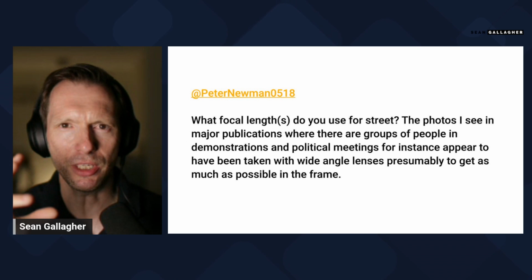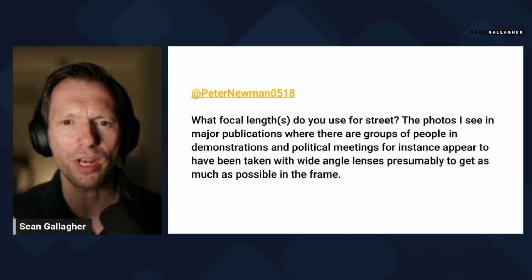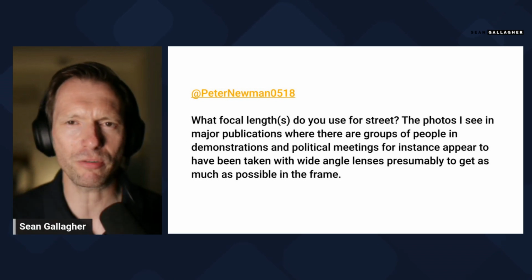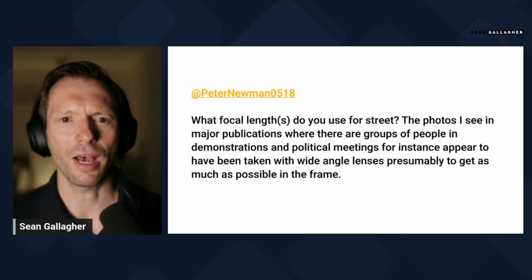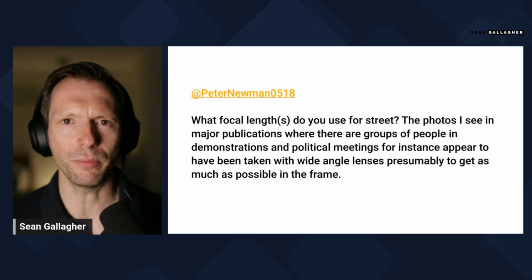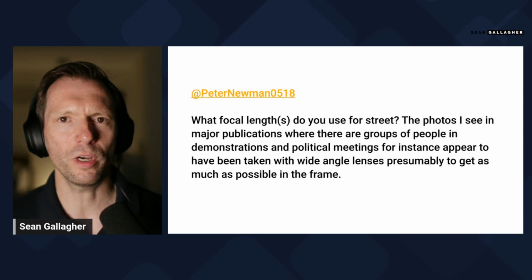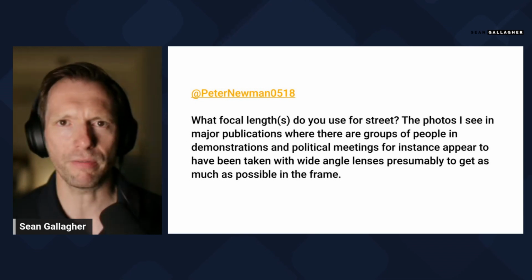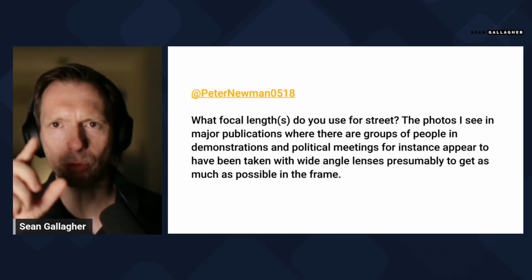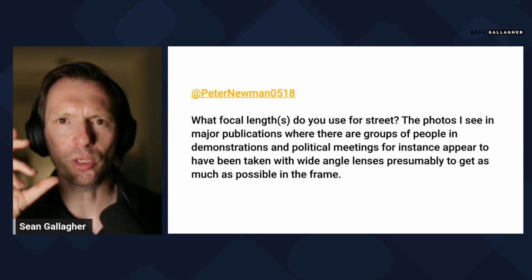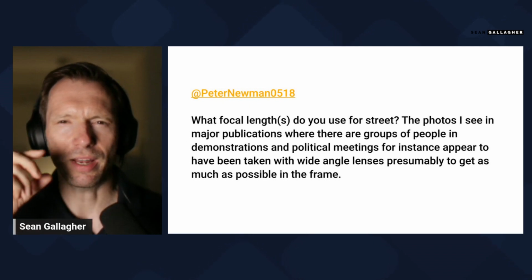And that's really, really useful for these type of situations that photojournalists and documentary photographers are reacting to, like Peter mentions, in demonstrations, political meetings, this type of thing, where you're working really quickly, you're working really fast.